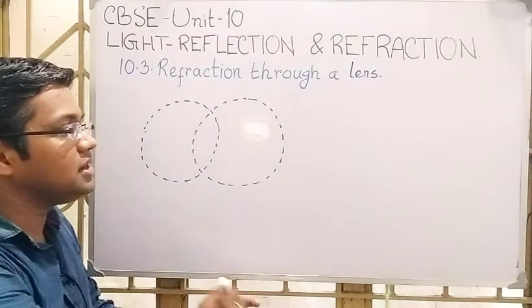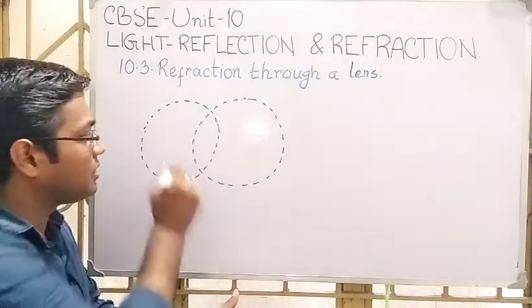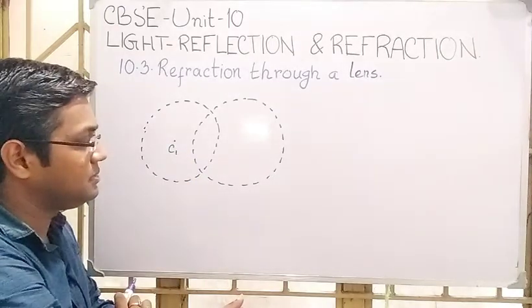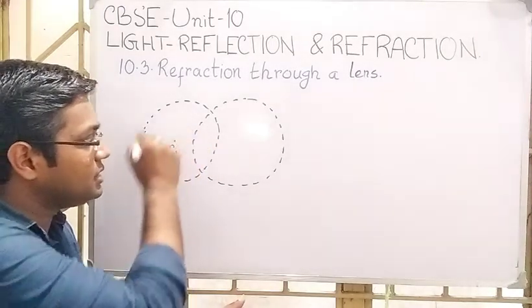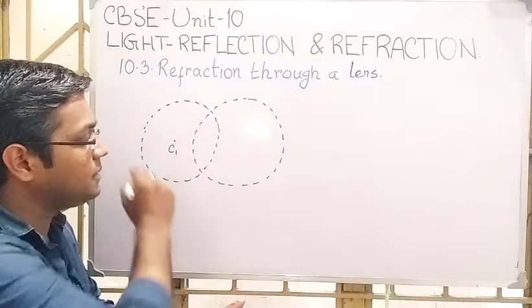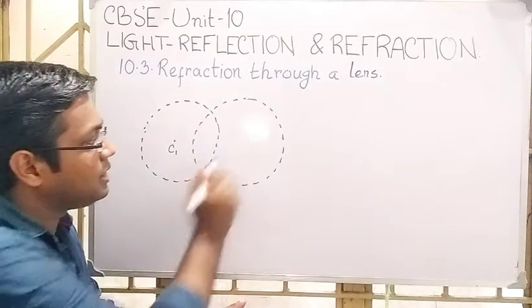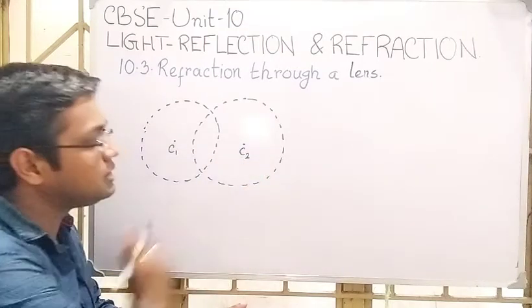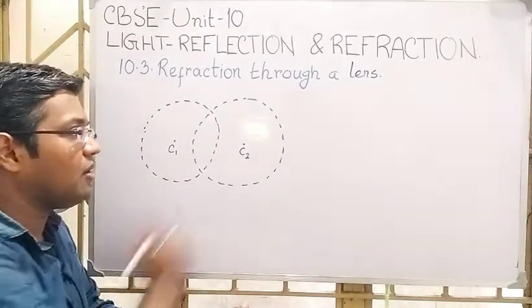These two spheres intersect each other. Let us consider this is C1, the center of curvature of this left sphere. C2 is the center of curvature of the right sphere.